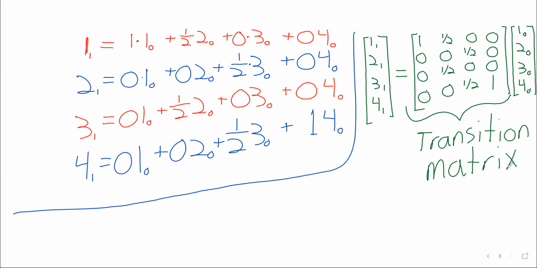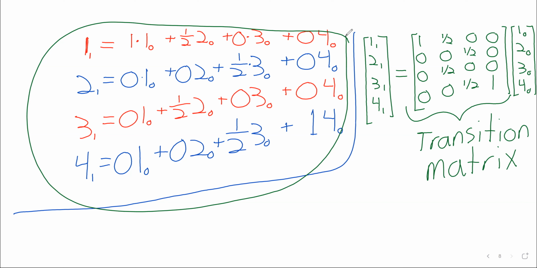Okay, presuming that we don't want to go through the trouble of doing that every time we want a transition matrix, we should probably figure out how these transition matrices work.